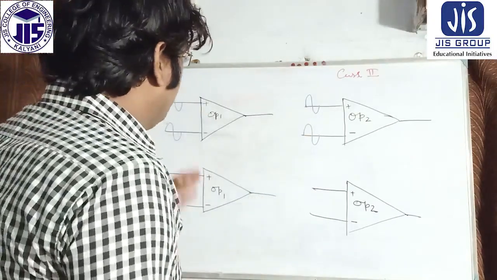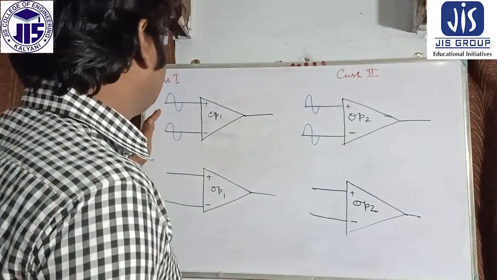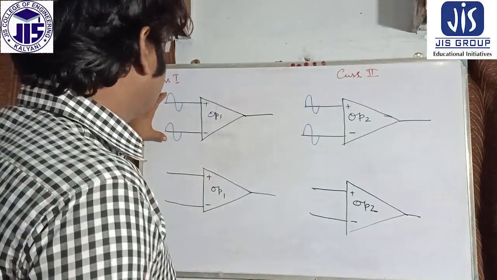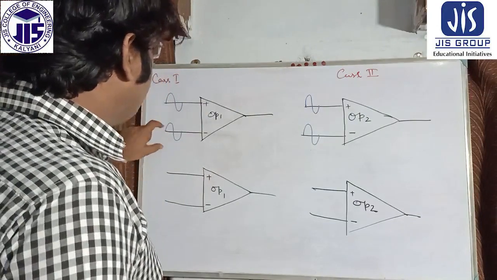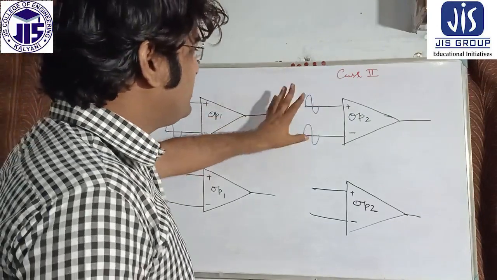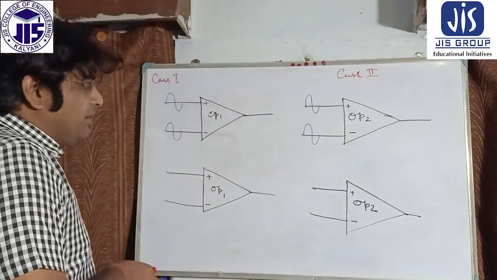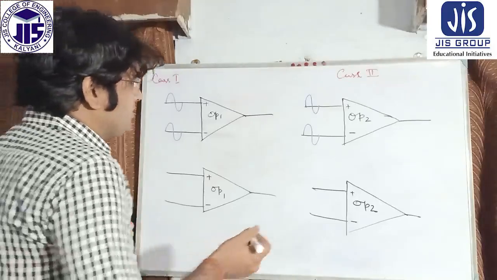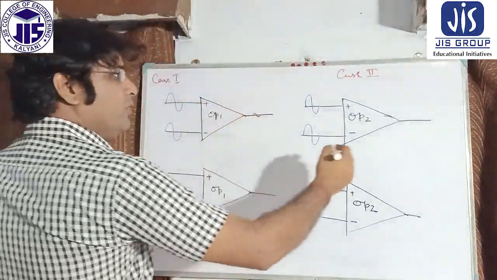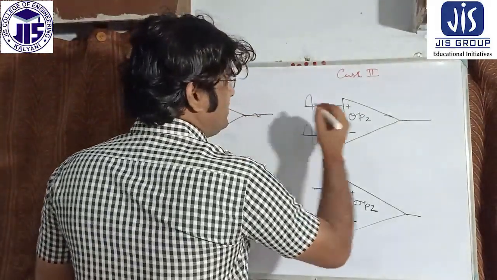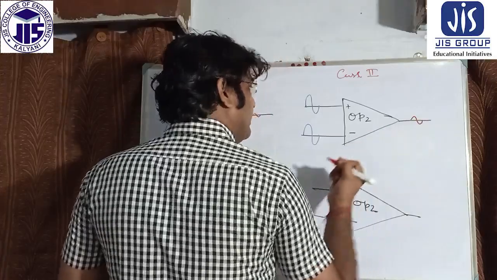I introduce the same signal at both inputs of each. Suppose I get a response here that is a very small voltage, and comparatively this output voltage is high.